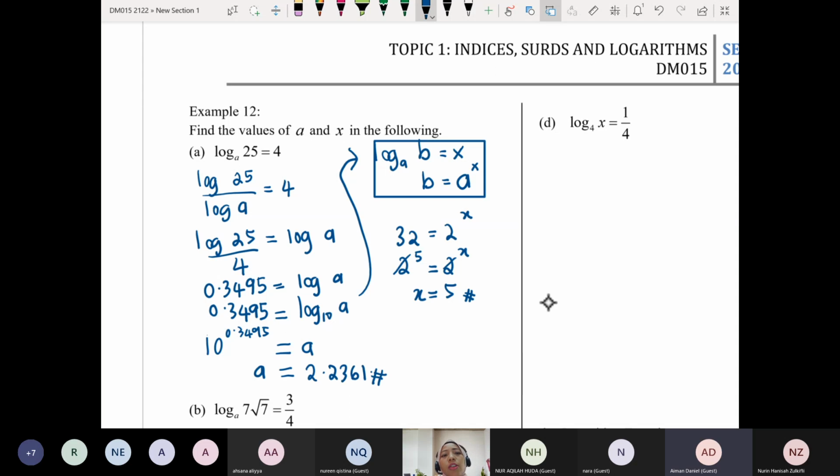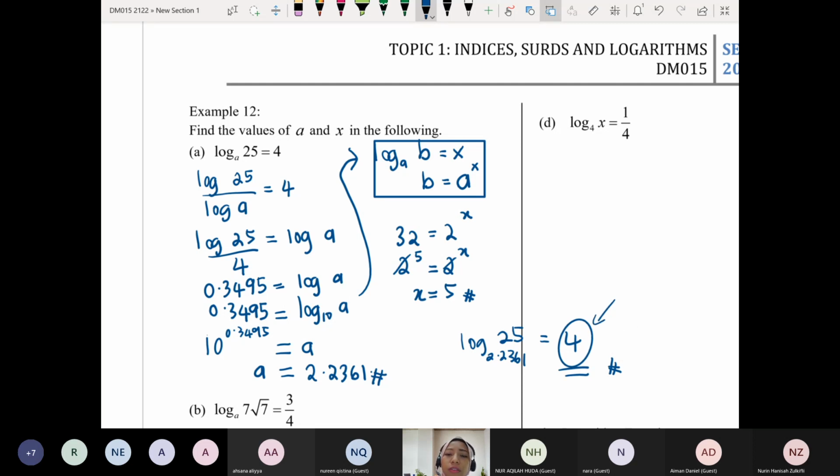Okay, cuba check your answer. Betul tak? Log 25 base 2.2361 is equals to 4. Only if the answer is correct. Only you dapat 4 barulah jawapan you sebenarnya betul.